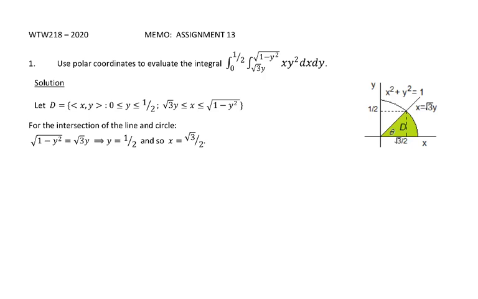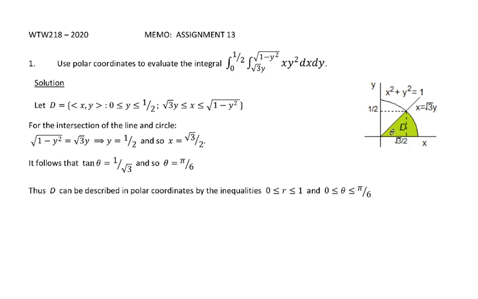We also need to find the intersection of the line and the circle. That is where x is equal to root of 3 over 2 and y is equal to a half. This allows us to see that the angle theta between the positive x-axis and the line x equals root of 3 times y is pi over 6.